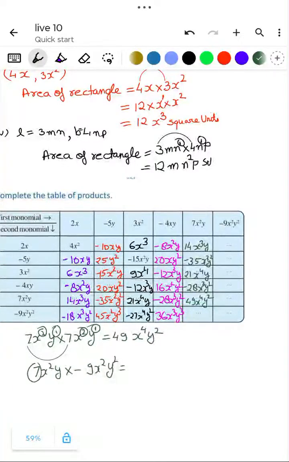So 7 into negative 9 is negative 63. x to the power 2 plus 2 is 4. y to the power 2 plus 1 is 3. So this is negative 63x to the power 4 y cube.